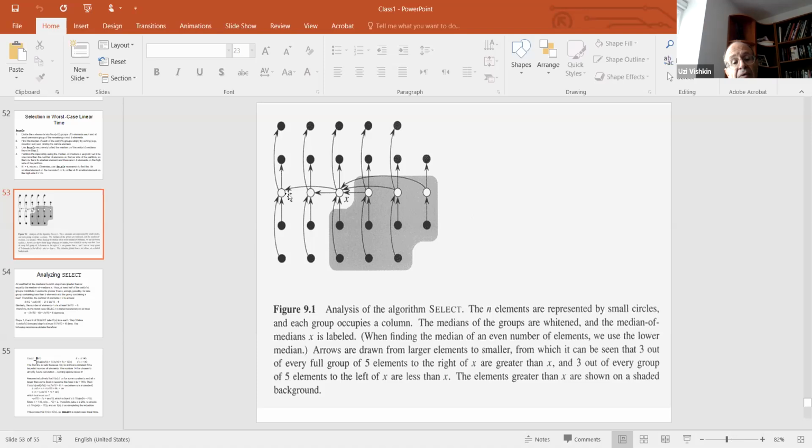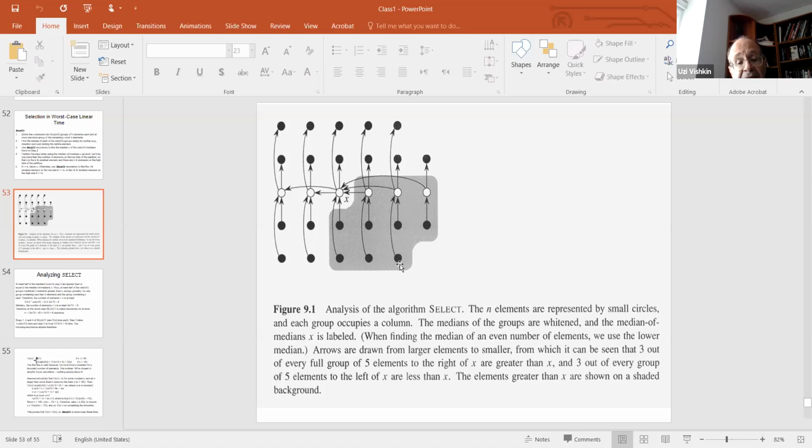Okay, so now comes the big theorem. The big theorem, whose proof we started explaining before actually stating the theorem, is the observation that all the elements in this quartile are larger than the median of medians. Why is that?